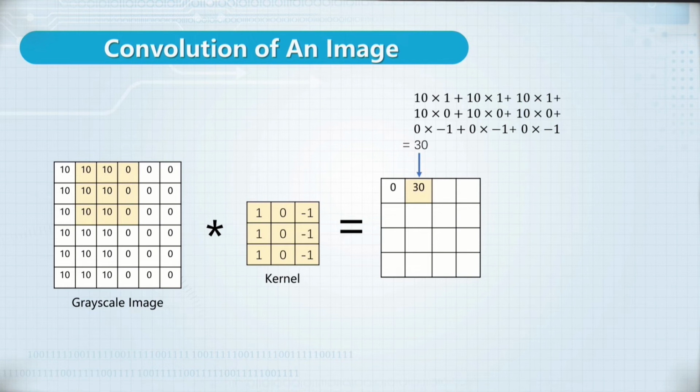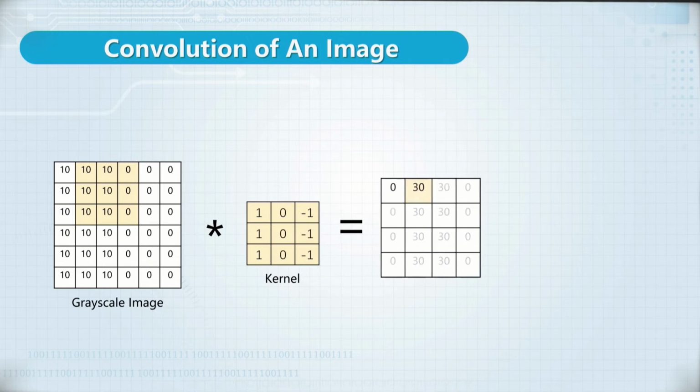The value is 30. We calculate all the numbers one by one. After convolution, a 6 by 6 image is converted to a 4 by 4 image. Convolution of an image with different filters can perform operations such as edge detection, blur, and sharpen.